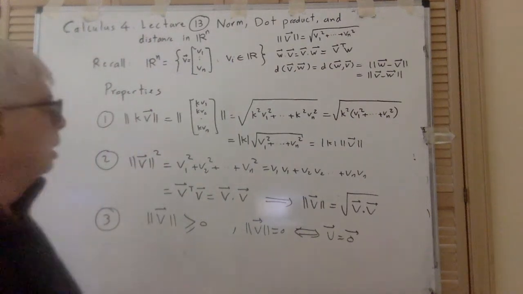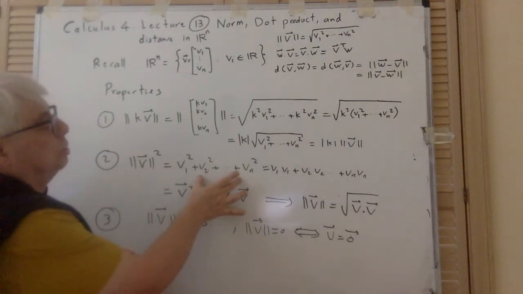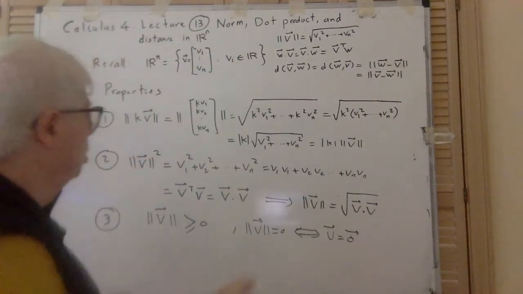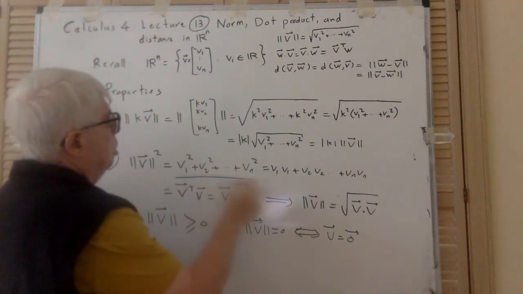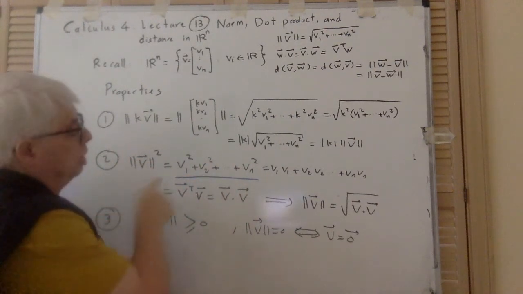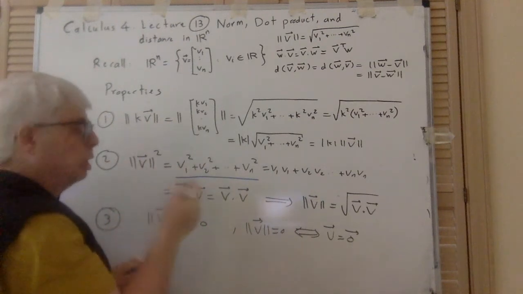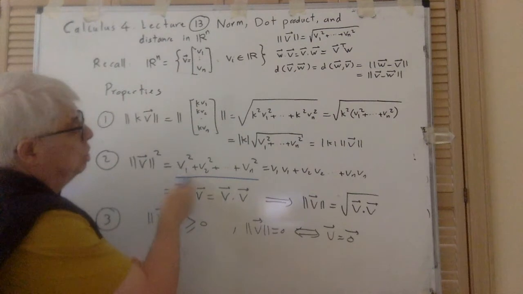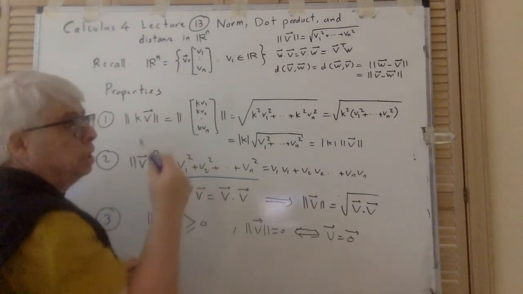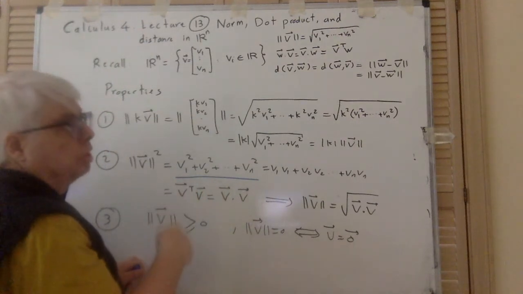Why? If the norm is 0, then this sum is 0. This is a sum of non-negative numbers. How could non-negative numbers add up to 0? To get 0, you would have to add a positive and a negative number.